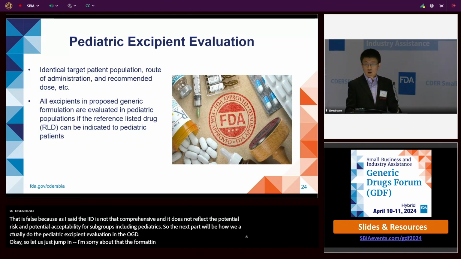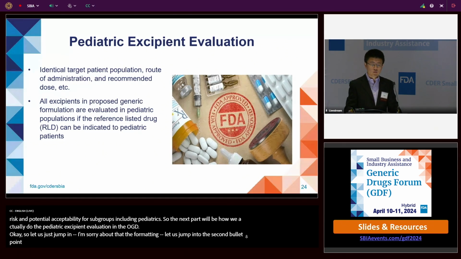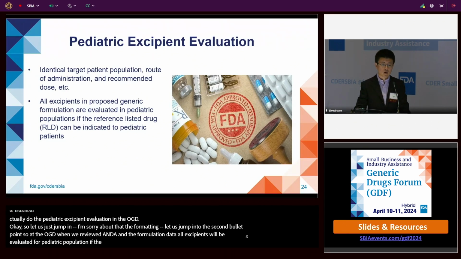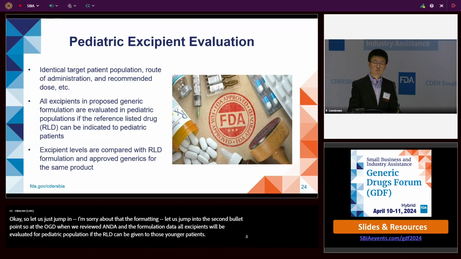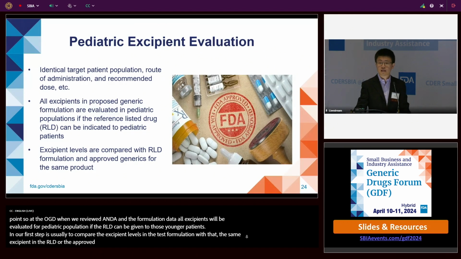At the OGD, when we're reviewing an ANDA and the formulation data, all excipients will be evaluated for the pediatric population if the RLD can be given to those younger patients. Our first step is usually to compare the excipient levels in the test formulation with the same excipient in the RLD or the approved generic versions of the same product.